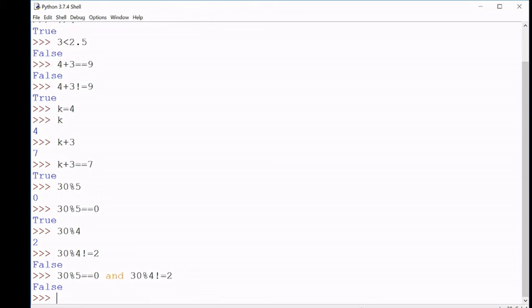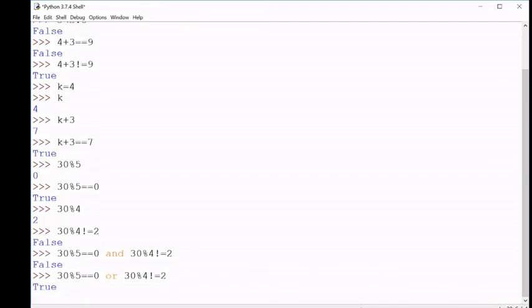But if I asked instead, does 30 have a remainder of 0 when I divide by 5, or does 30 not have a remainder of 2 when I divide by 4? It returns true, because at least one of those statements is true.